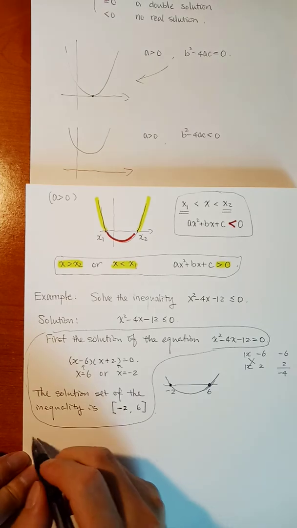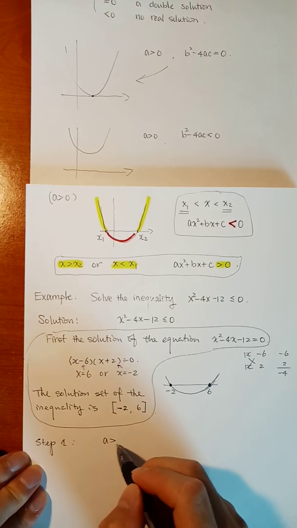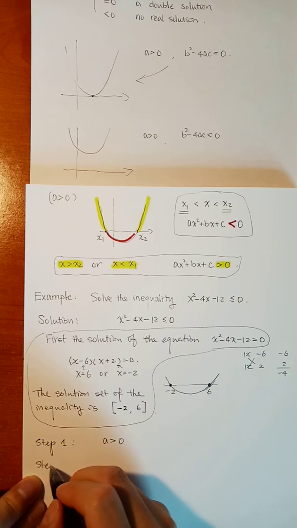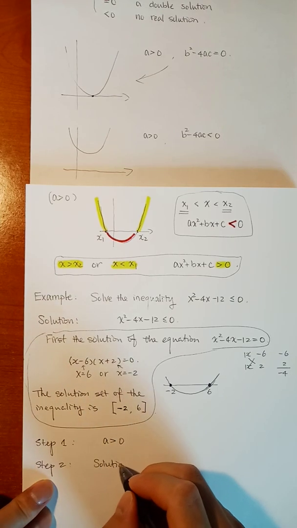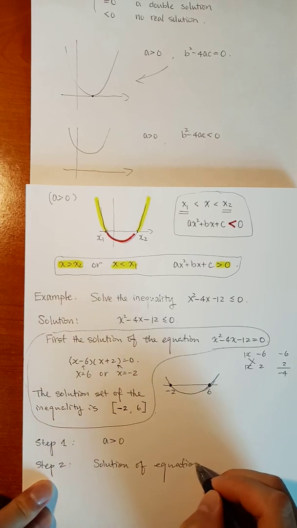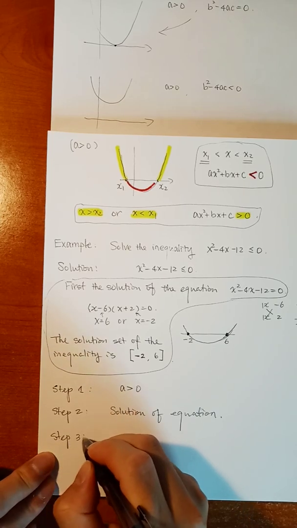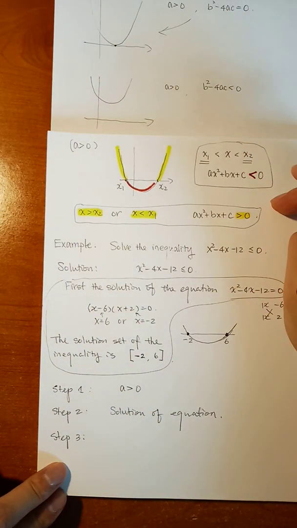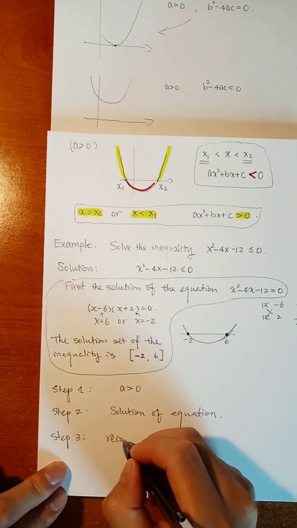Okay, so step 1, make sure that a is greater than 0. Step 2, find the solutions of the equation. Step 3, you're going to recall this pattern or recall the rule.